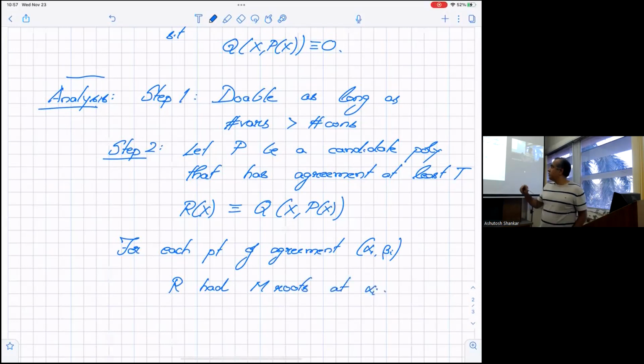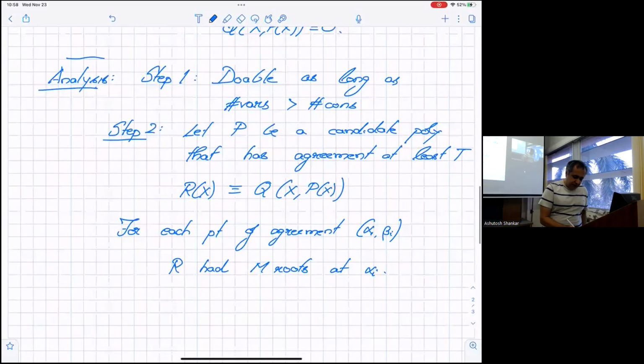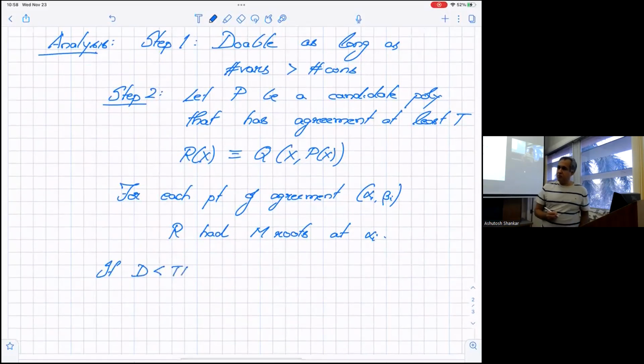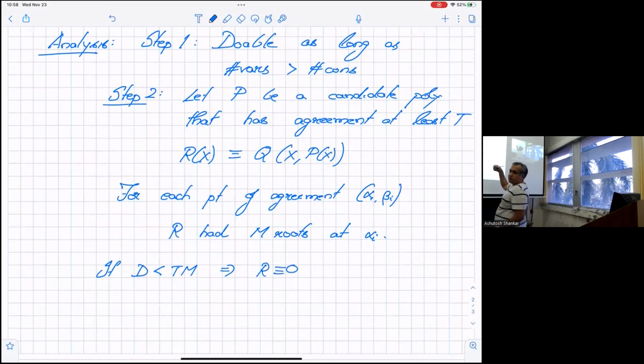It was set up to have this property. Therefore, if there were T points of agreement, then you are counting with multiplicity, R has TM roots. But the degree of R was set up so that it's at most capital D. Now, if D were smaller than T times M, this would imply that R is identically zero. And that's the rationale for step two. That's why this P of x will appear in that list.